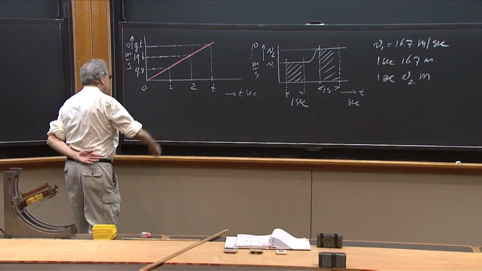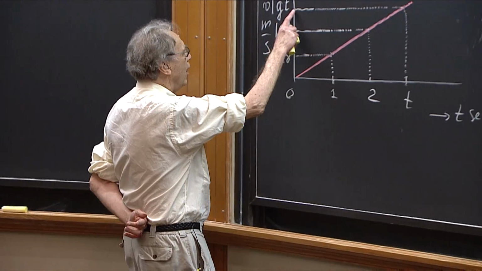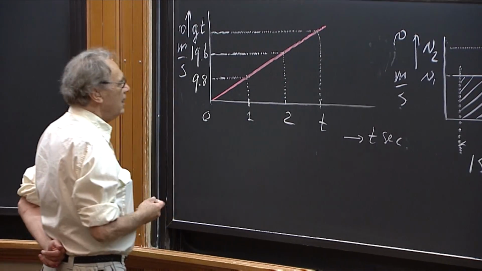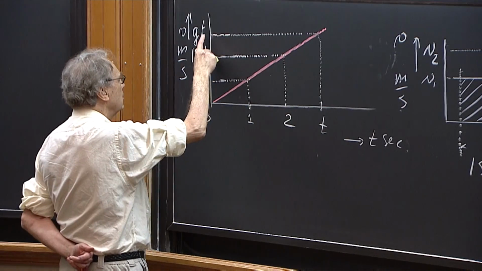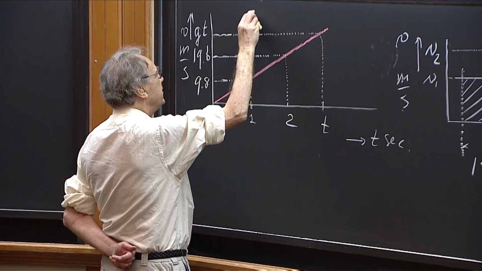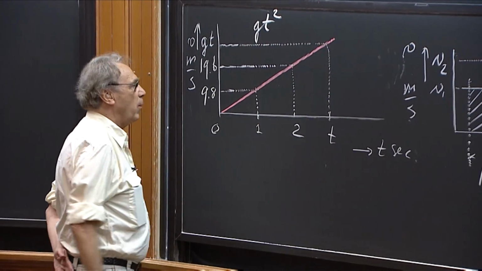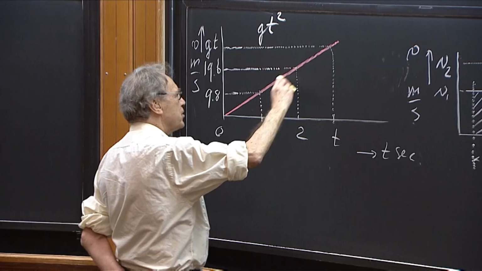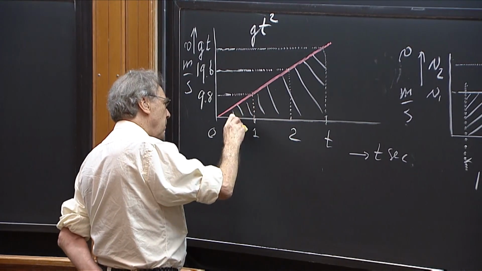We go now to this diagram. Suppose the object was falling down all the time with a speed gt. Well, then you would have to take the area of this rectangle, and that is gt times t, so that is gt squared. But that's not what the object is doing, because the object is increasing its speed.